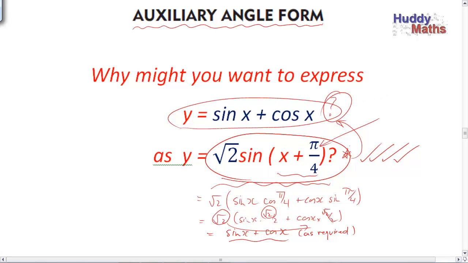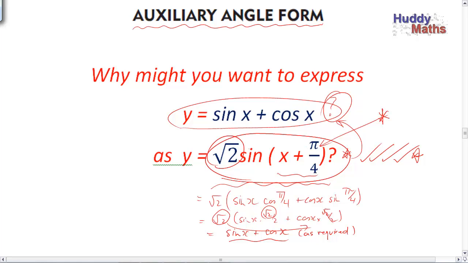Can you see it? Well, without a calculator, we can actually roughly draw and understand this form of the function, can't we? Sine x plus cos x would be hard to get our head around. What would be its maximum and its minimum? Where would they occur? Okay, now, if this is the equivalent form, we can say sine has a maximum of 1 and a minimum of -1.